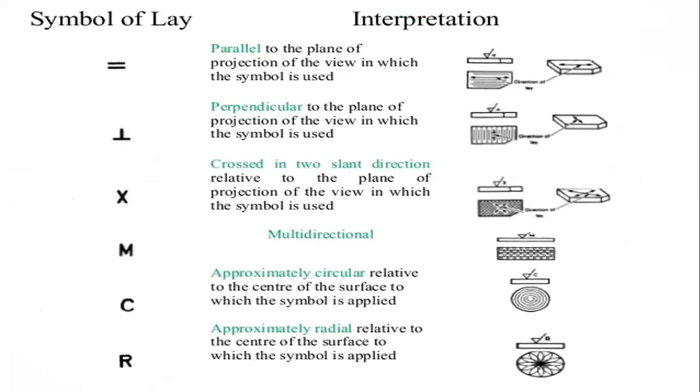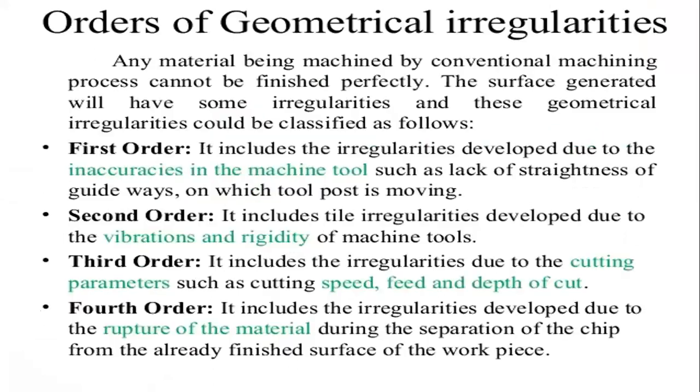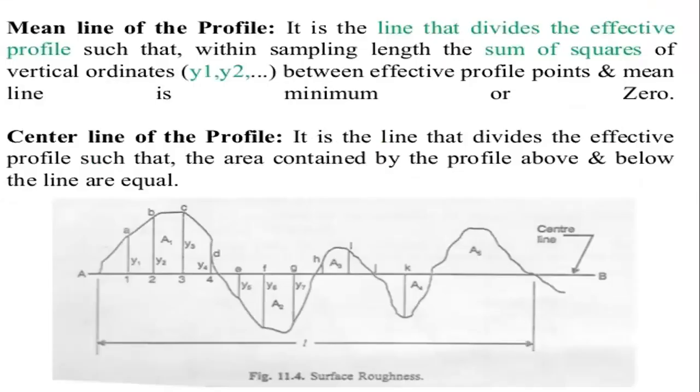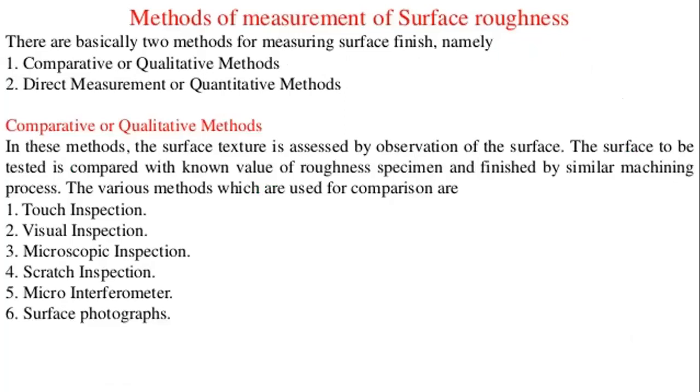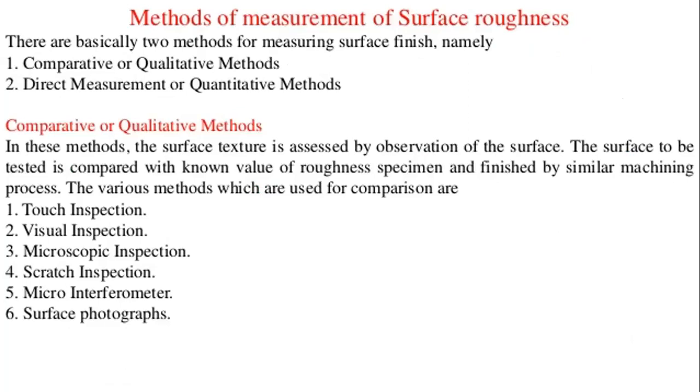We have seen the symbols of lay, methods and the factors affecting the surface roughness, and the order of the geometrical irregularities and some surface finish points. And next, we are going to see the methods of measurement of the surface roughness.